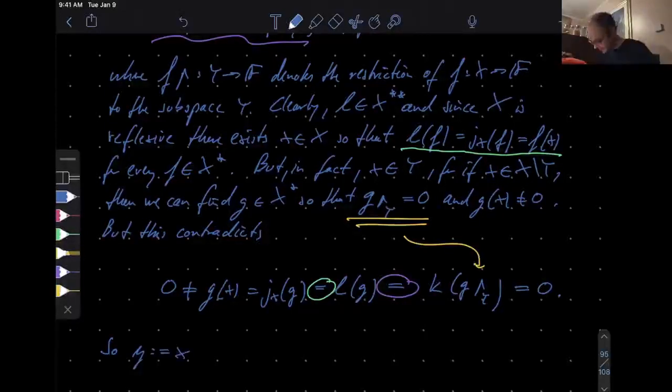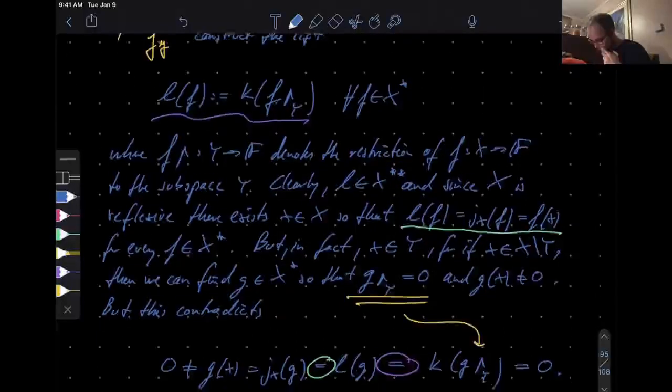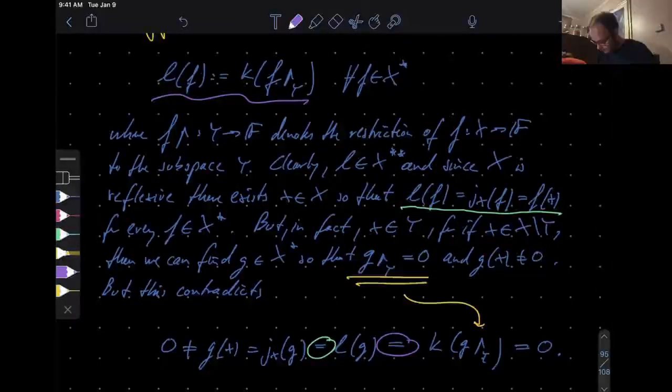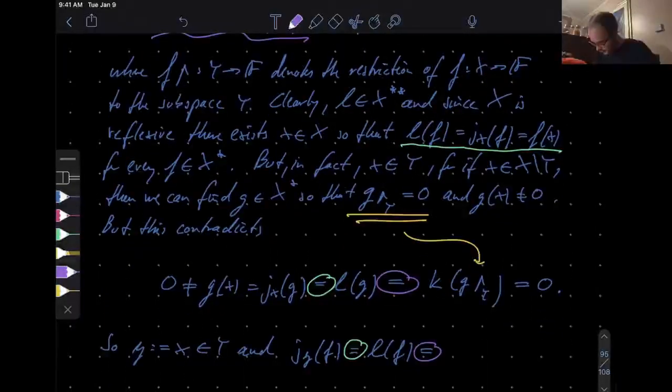Let's just relabel it as y. It is an element in y, and we have that jy of f is equal to L of f. This is the green stuff again. And then L of f, this was written up there in pink, is equal to k of f restricted to y.